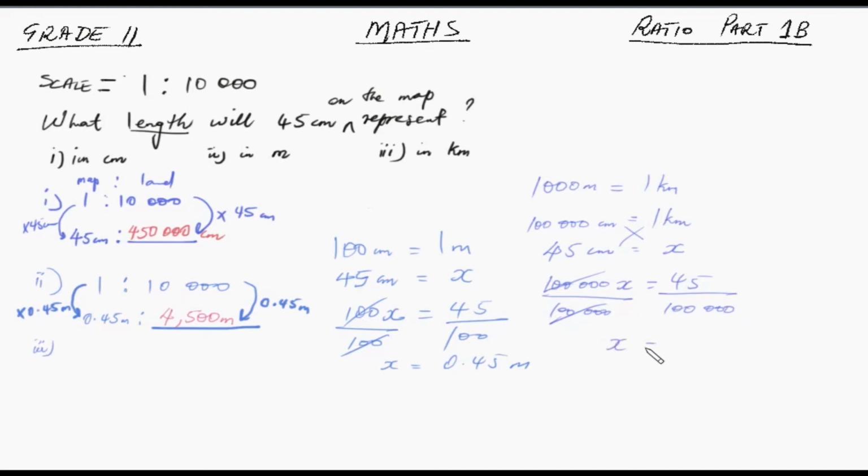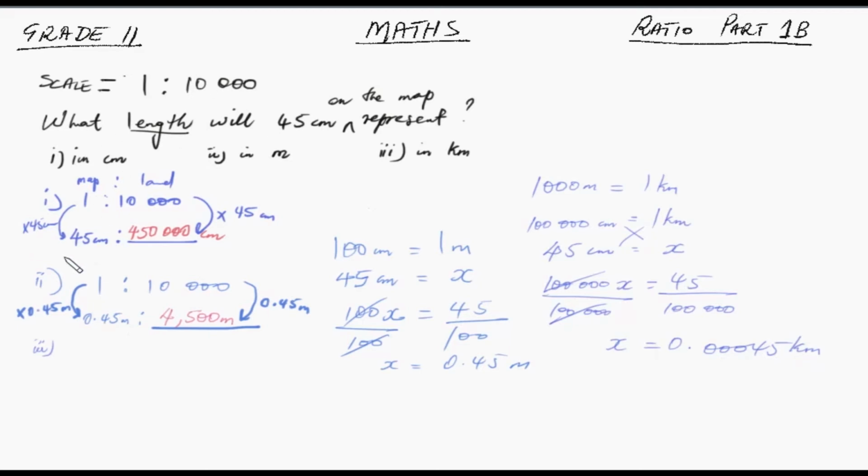So x is equal to 45 divided by 100,000, which gives 0.00045 kilometers.